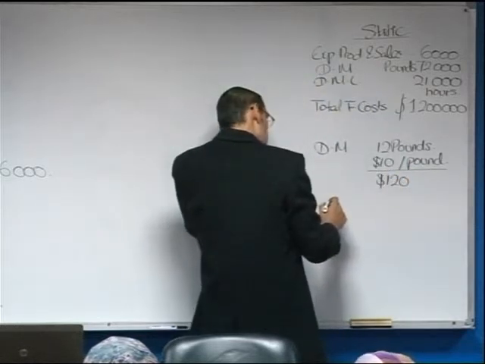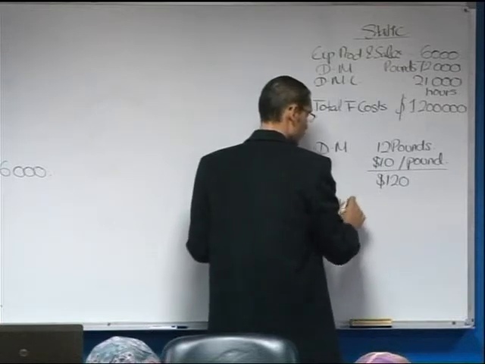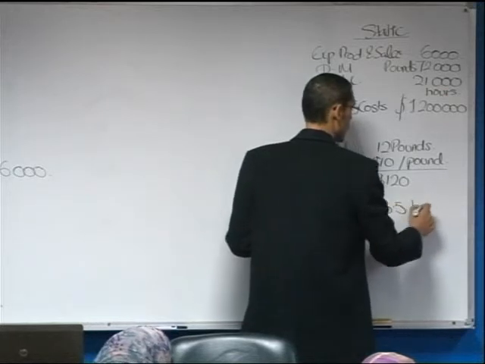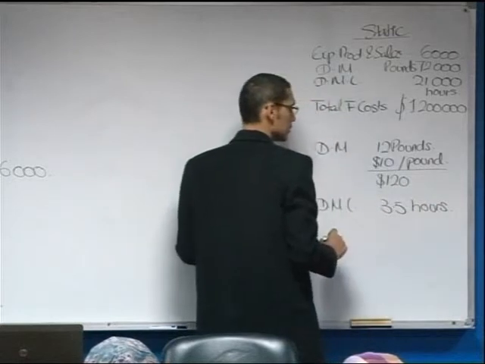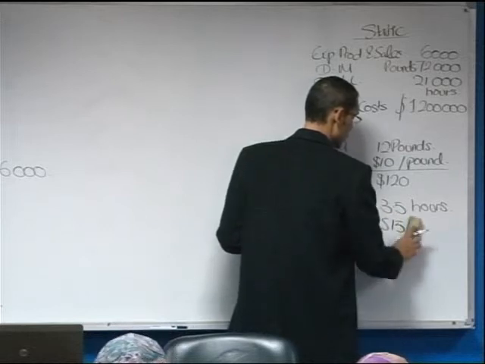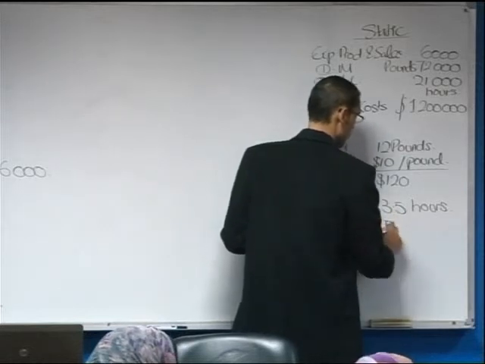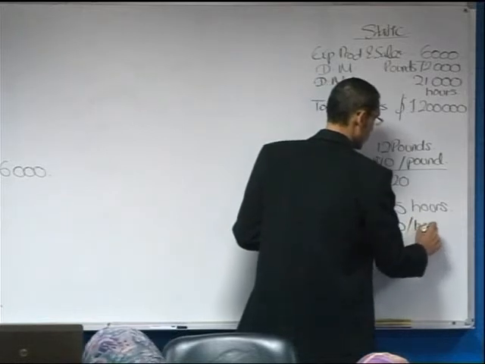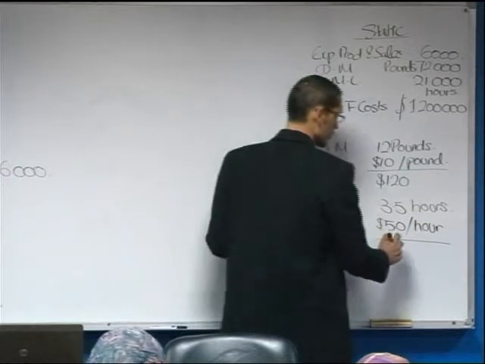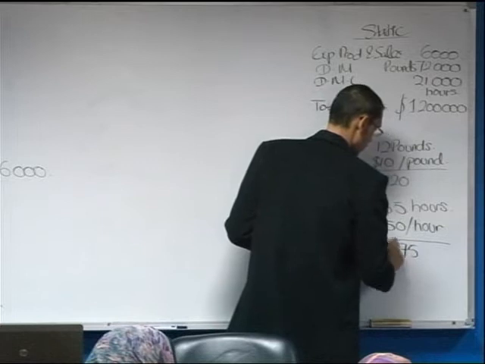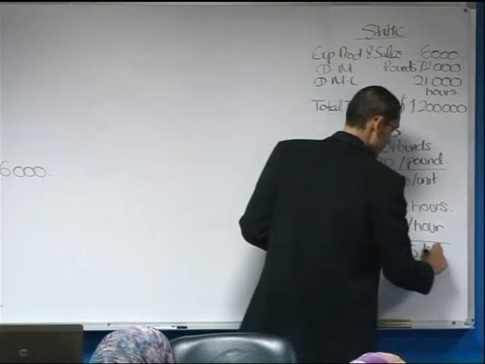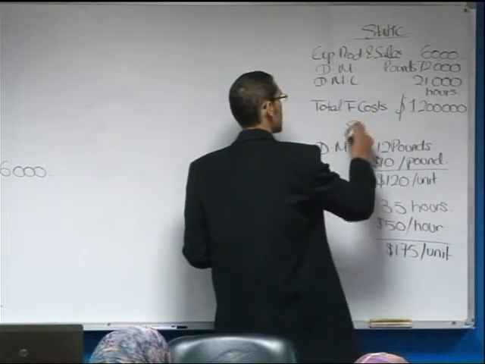Direct manufacturing labor for standard quantity, 3.5 hours. For standard price, $50 per hour. And for standard unit cost, $175, of course, per unit. This is the standard.